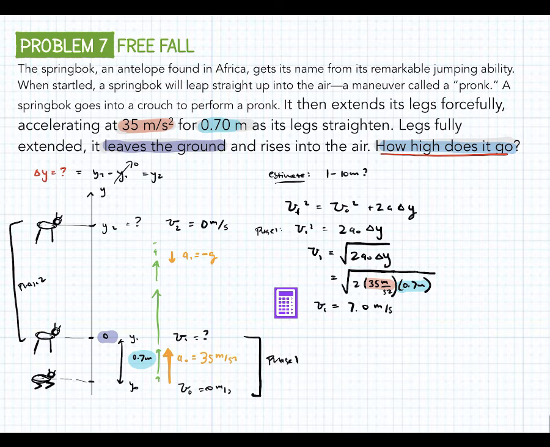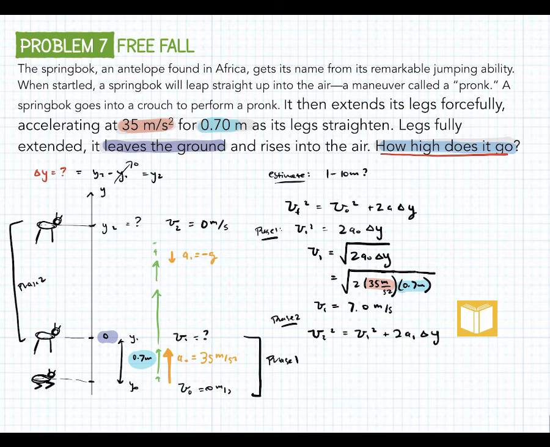Now that we know our velocity that we start with, we can use the same equation, but now we're going to say v2 squared is equal to v1 squared. This is now our initial velocity for the next phase, phase 2. Plus 2a1 delta y, which is a different delta y.